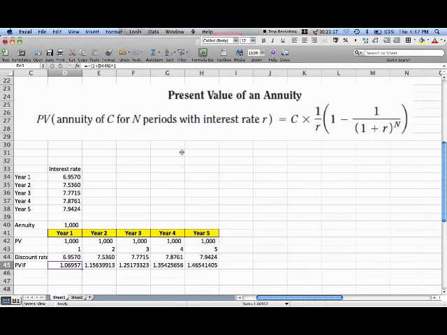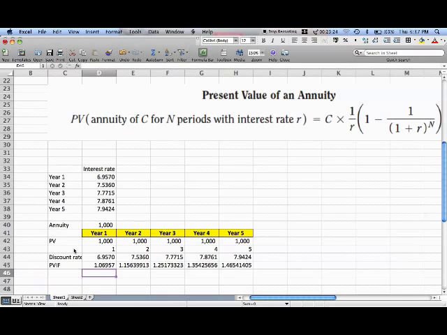Just have to fix this. Okay, so all you need to do is divide 1000 by this one, and then this is your present value.